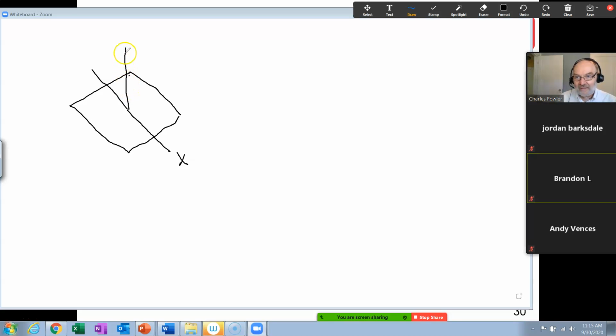Here's your pyramid, ugly as it is. I never can draw them so that one side isn't going to interfere. That's supposed to be the pyramid.